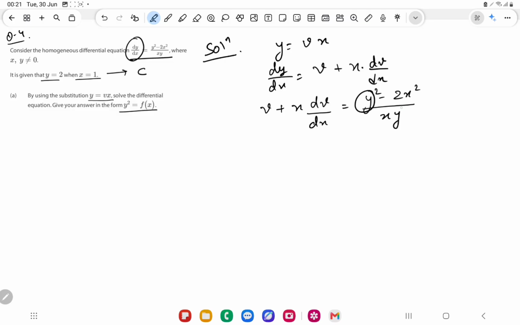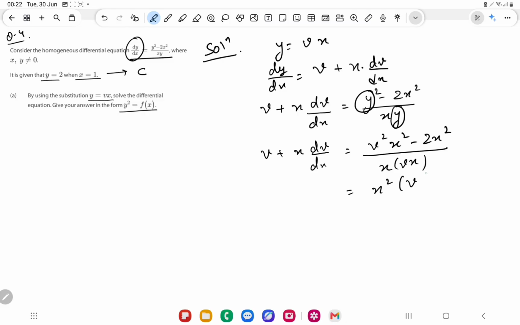Now here instead of y we can put vx, so it will become v plus x dv over dx, that is equals to v square x square minus 2x square over x into vx. Now if you see, I can take x square common, so this will become v square minus 2 over vx square, and my left side will be the same.